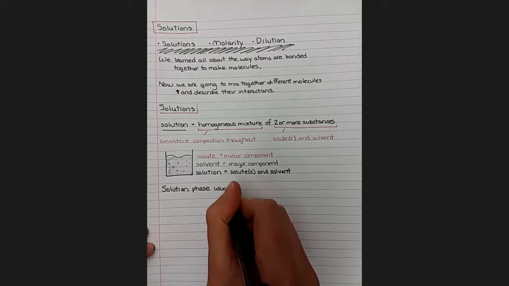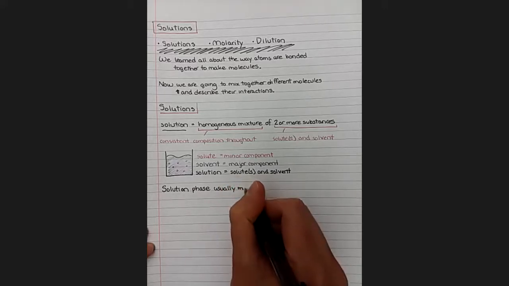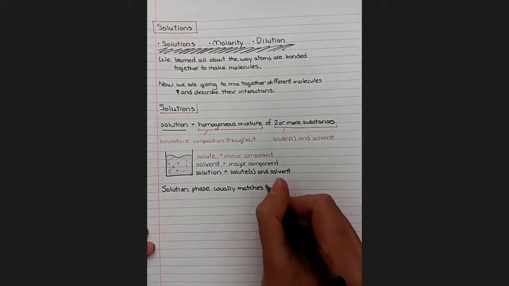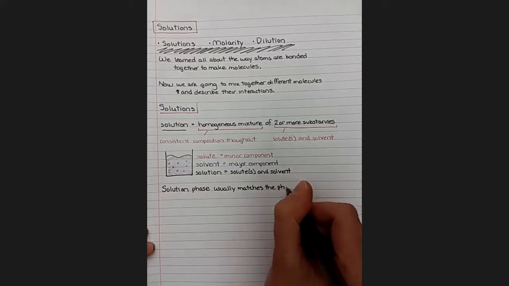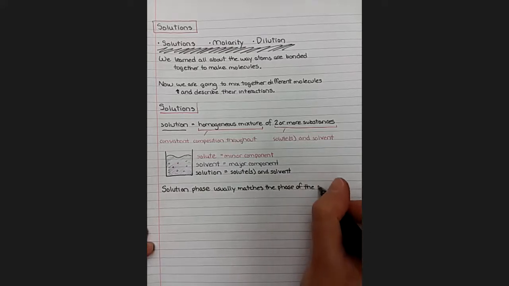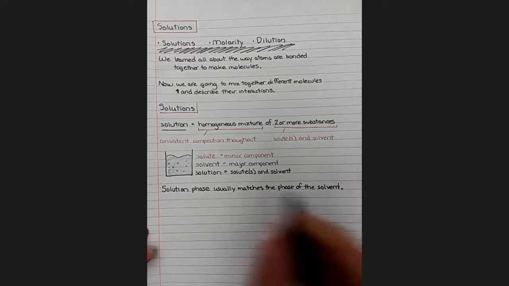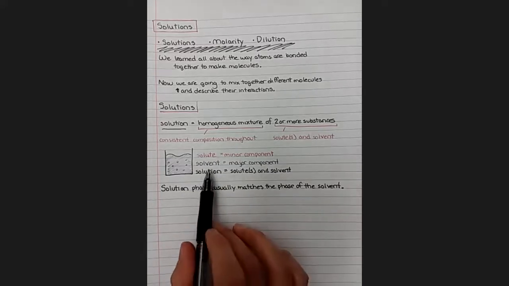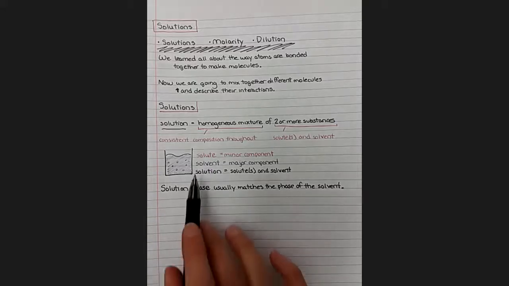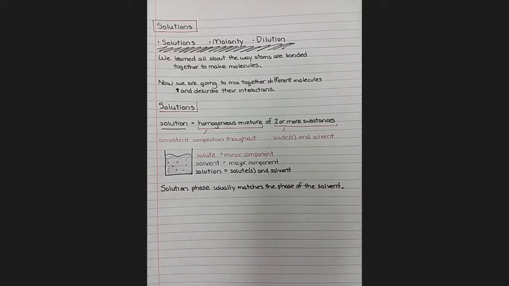And the phase of a solution usually matches the phase of the bigger piece, or the solvent. For example, when you make your sugar in tea mixture, the sugar is the smaller piece, the solute, the water is the solvent, the major piece, and the solution as a whole is a liquid. The solvent is a liquid.